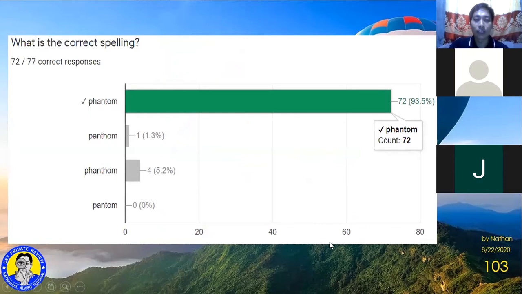What is the correct spelling? Phantom. Okay. Again, it's a common word, but very confusing to spell because all the phantom, except this, the first three looks correct when you spell it.